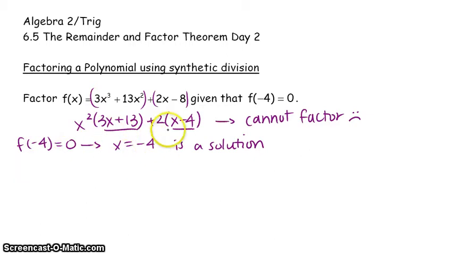If we were to write that as a factor, we'd add over the 4, we'd have x plus 4 equal to 0, which means that x plus 4 is a factor. You should be able to go from writing it as a solution to writing it as a factor, either way.